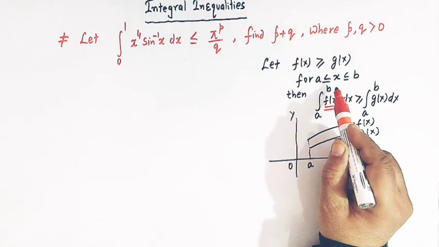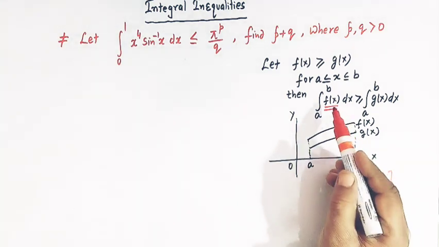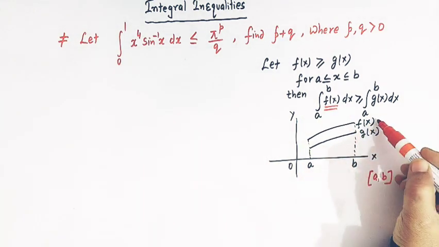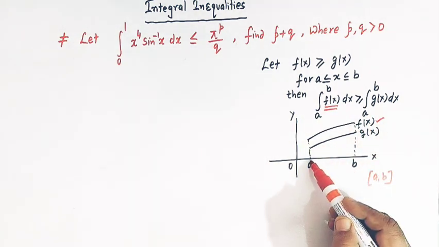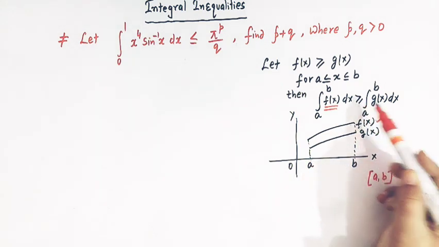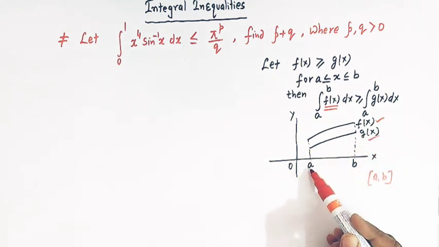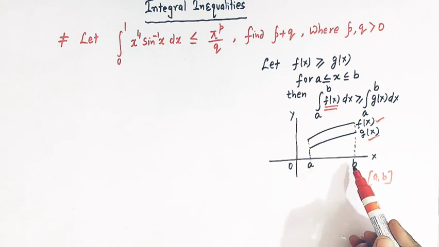So this inequality says that the area bounded by this function f of x, because see, the definite integral denotes the area, right? So the area bounded by this function f of x within these two limits is always greater than or equal to the area bounded by this function g of x within these two limits, right?